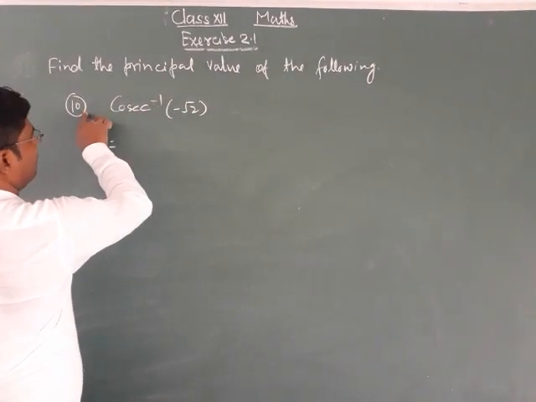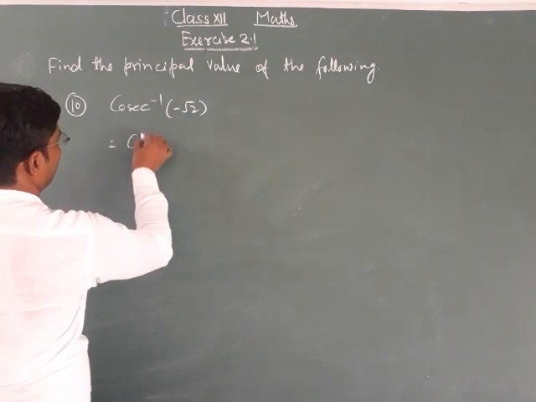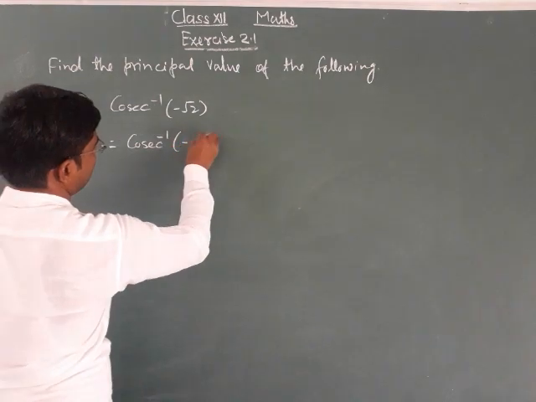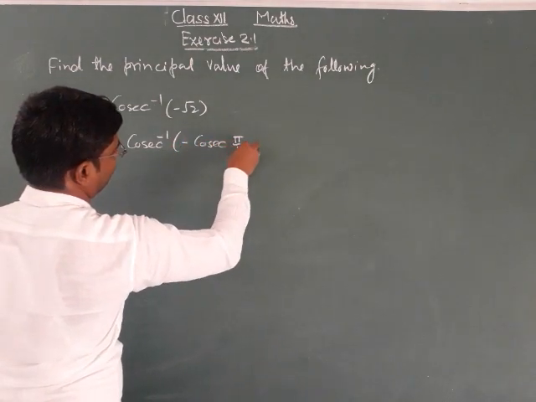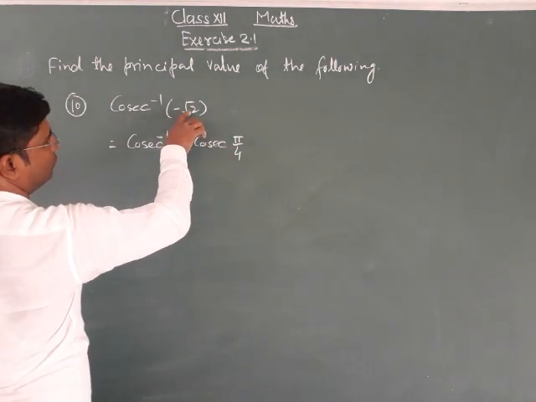Question number 10, cosec inverse of minus root 2. So you can write cosec inverse of minus cosec pi by 4. The value of cosec 45 is equal to root 2.